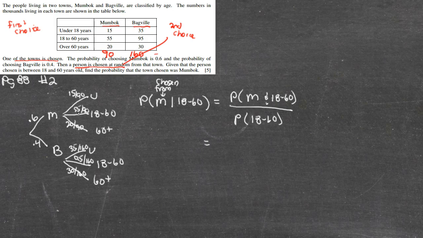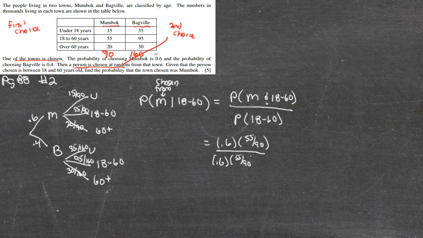So first, if you go along the tree, you can see that if I go from Mumbuk and I'm 18 to 60, that's 0.6 times 55 over 90. And then I'm going to divide that by the probability of being 18 to 60. You can see that it can happen two different ways. I can be from Mumbuk, and then that's 0.6 times 55 over 90.